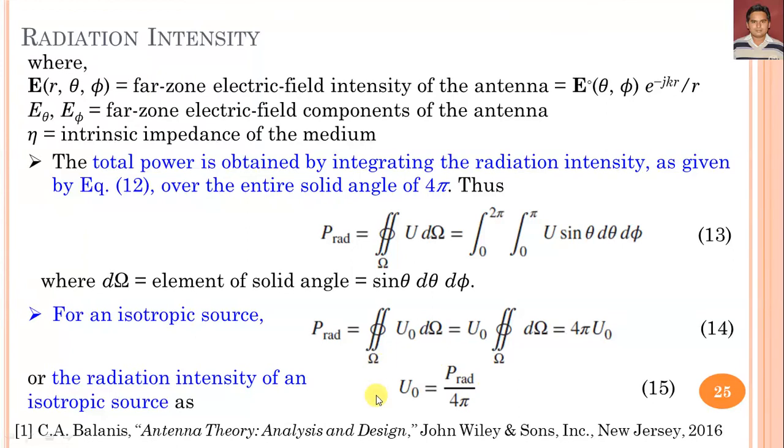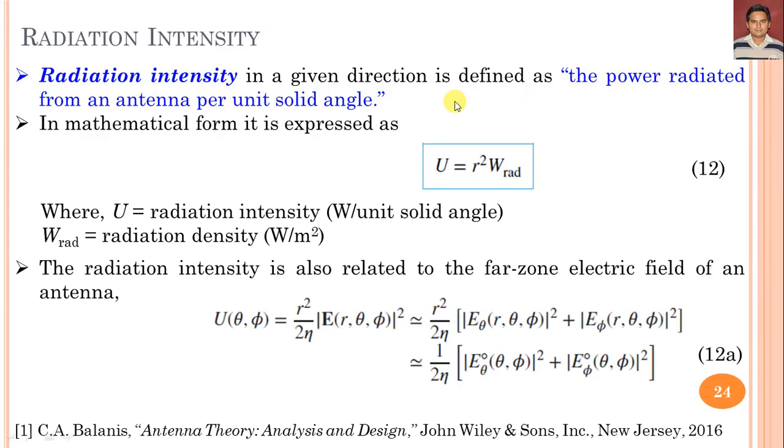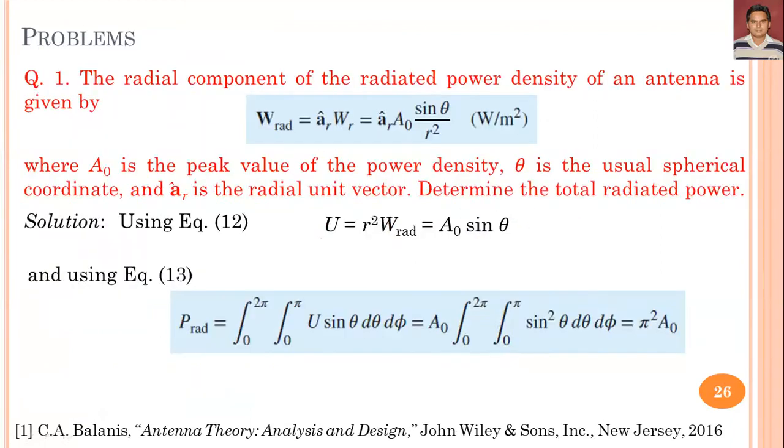So we can calculate the radiated power by using the radiation intensity also, and this is very important. Earlier we discussed the radiated power using the average power density function. So in radiation pattern analysis, when calculating radiated power, we can use the radiation intensity as well as the radiation power density, through which we can calculate the total radiated power by the antenna.